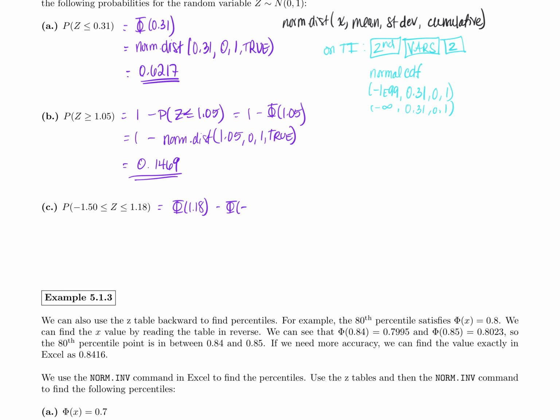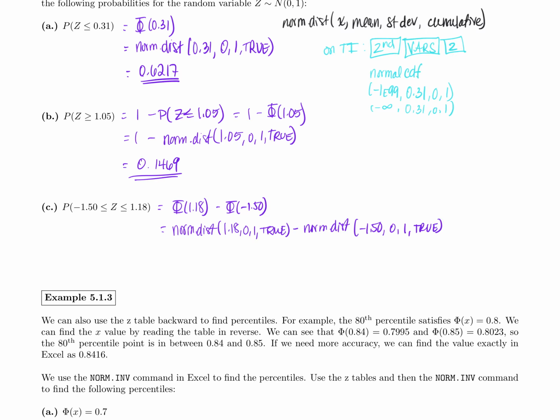of -1.5, which then is norm.dist of 1.18, 0, 1, true, minus norm.dist of -1.50, 0, 1, true.